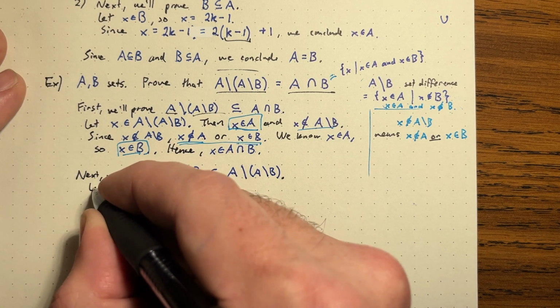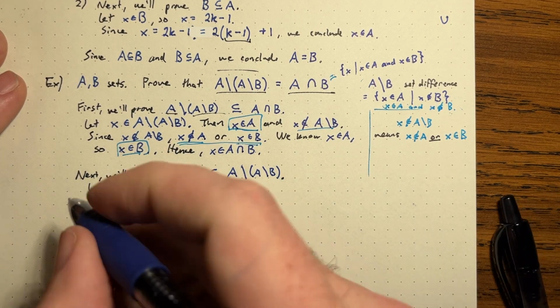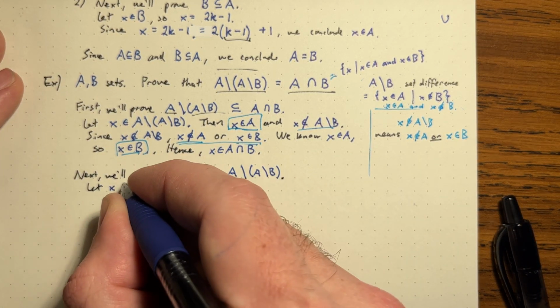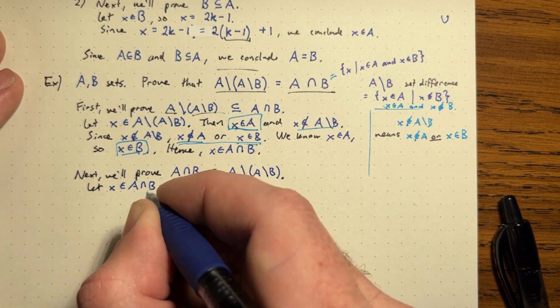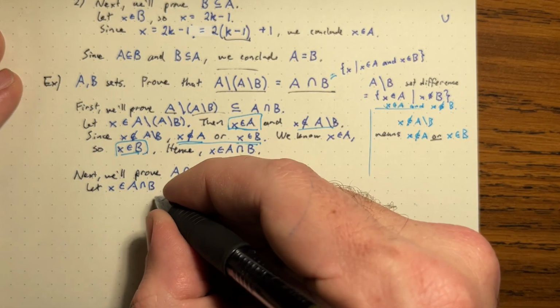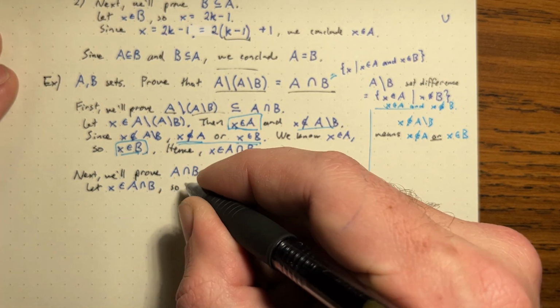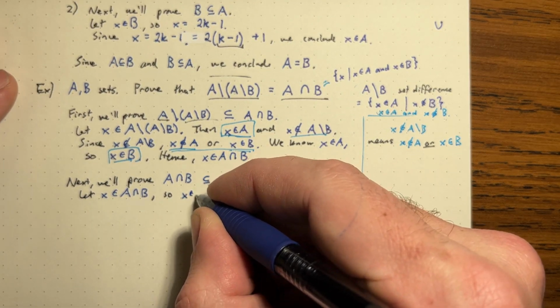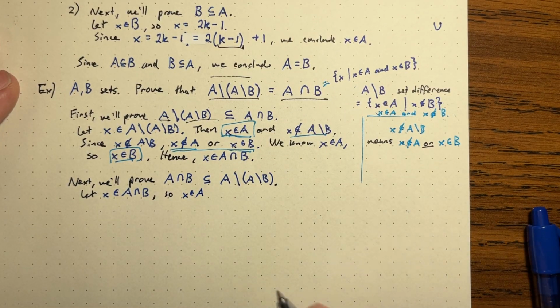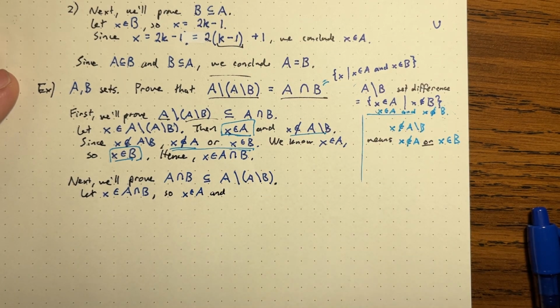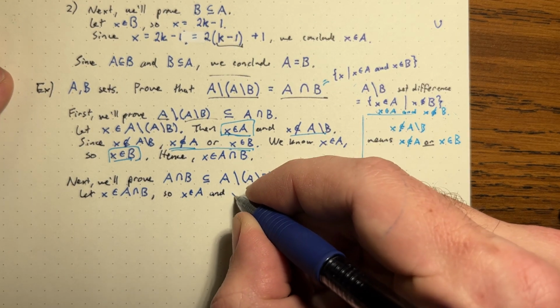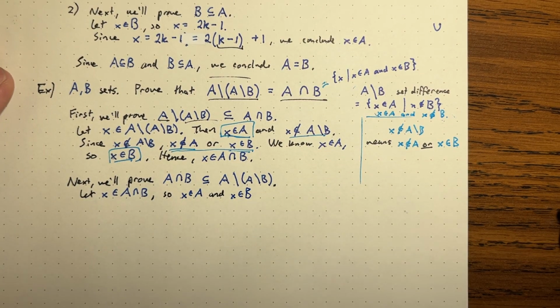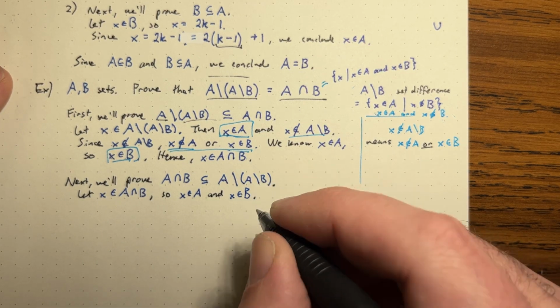We start by letting x be an arbitrary element in the intersection. And I'm immediately going to write out what that means. So x is in, what does it mean to be in the intersection? It means x is in A and x is in B. Right, x in A and x is in B.